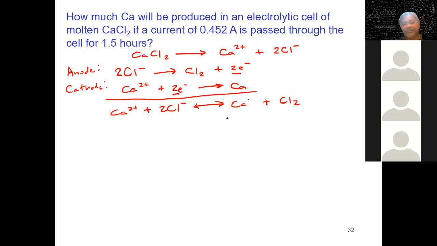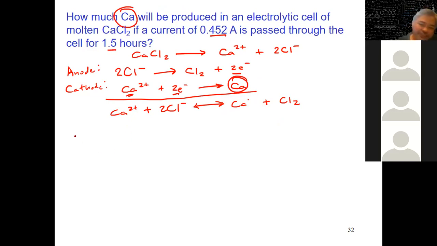Now the question is, what is the one that is being asked? Calcium. So you have calcium 2+ and you are asked how much calcium is produced when you apply this current for this long time.